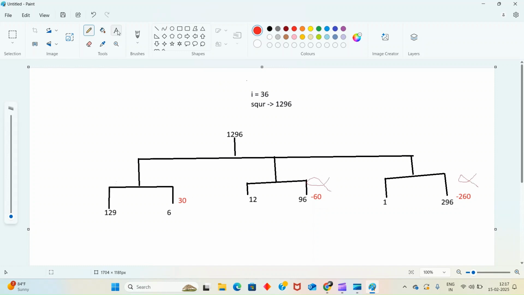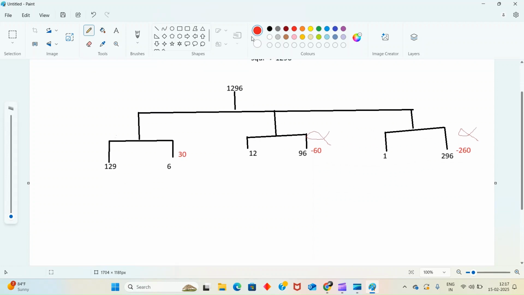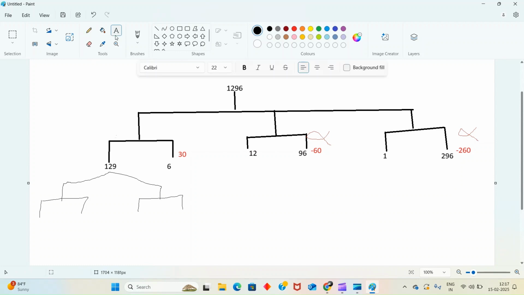Here we can partition this again. We have two choices. One is like this: 1 and 29, or we can make 12 and 9.